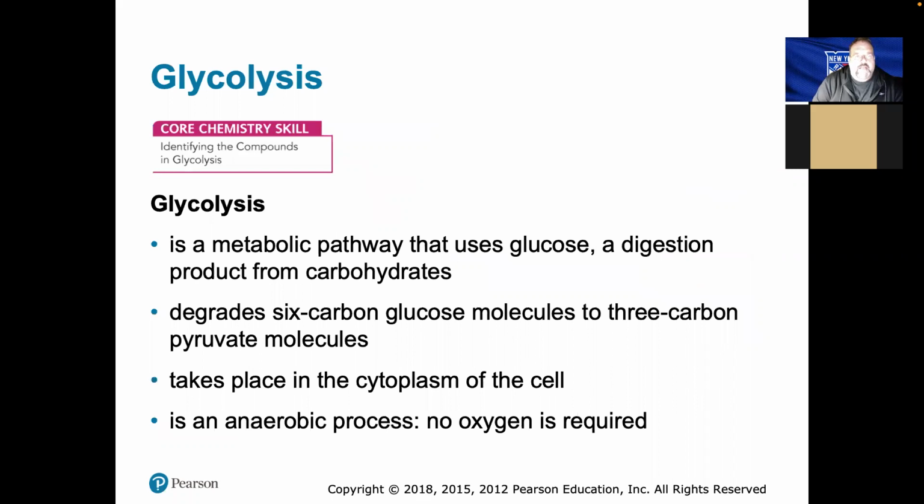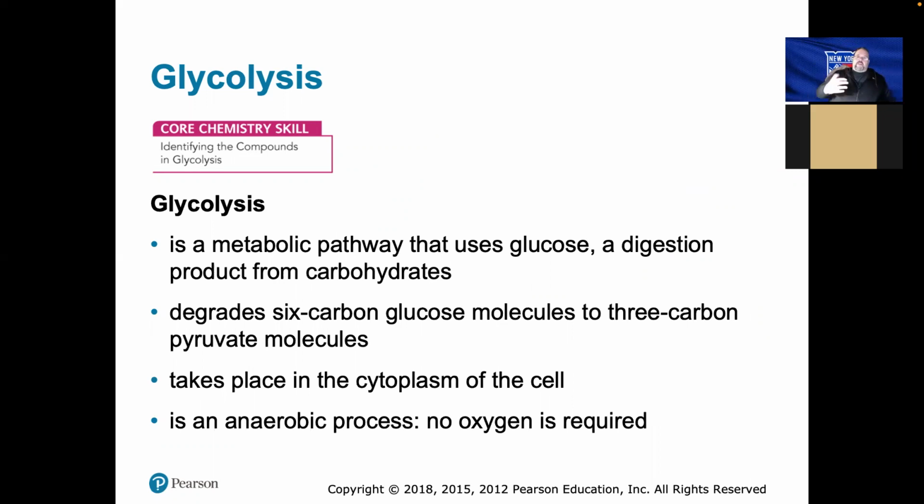Glycolysis is a metabolic pathway that uses glucose, a digestion product from carbohydrates. It degrades 6-carbon glucose molecules to 3-carbon pyruvate molecules. Remember when we talked about stage 2 degradation, the breaking down of larger molecules into 2 and 3 carbon molecules?